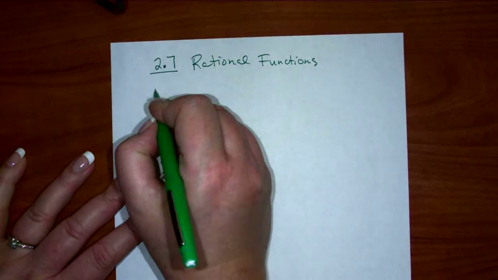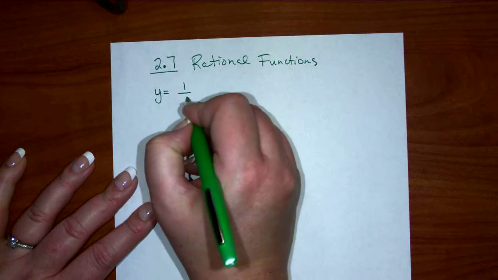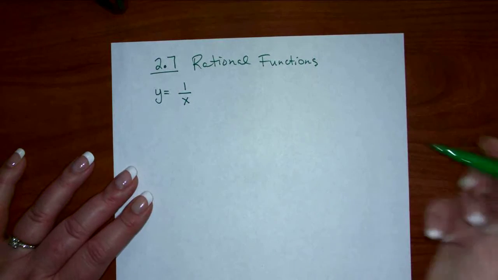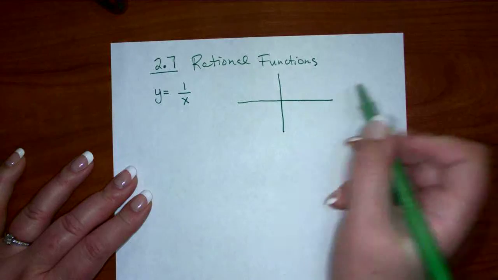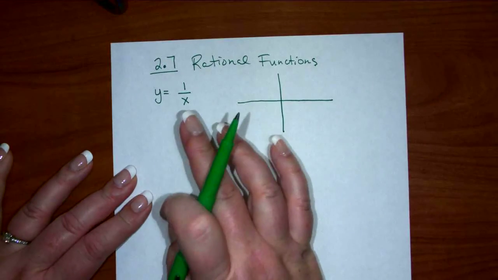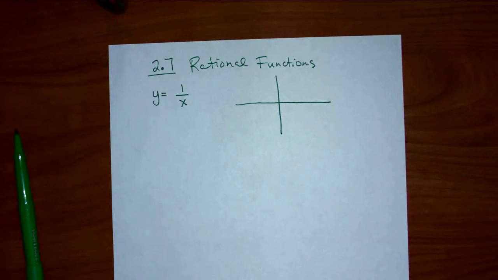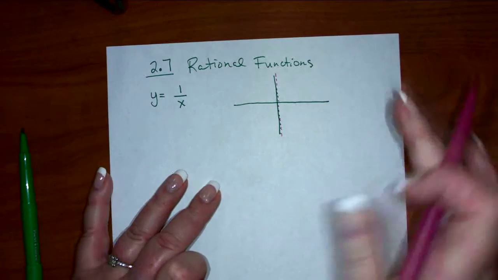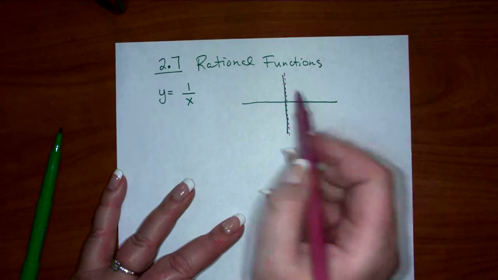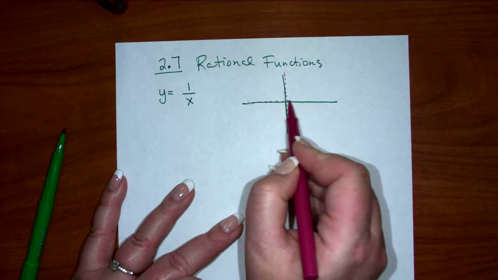Okay, so this is our last graph type, so 1 over x. The way that this looks is we've got asymptotes. This is right on the axis, but you can't draw the line right on the axis, so the little dotted line, you put it slightly off so you can see it.